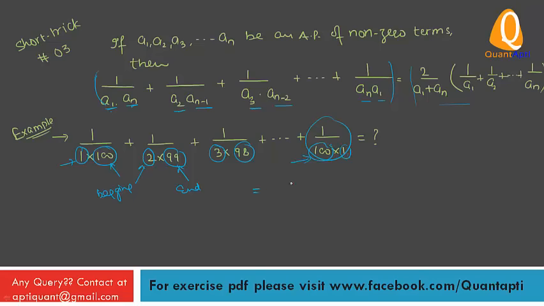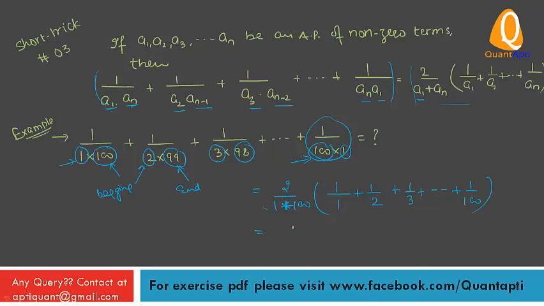So the value is given by 2 upon (a1 plus an). What is a1? a1 is 1. What is an? An is 100. So 1 upon a1, where a1 is 1, plus 1 upon a2, where a2 is 2, plus 1 upon a3, where a3 is 3, and so on, plus 1 upon 100.